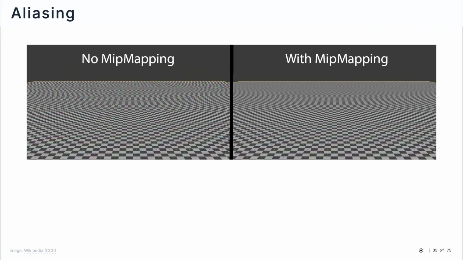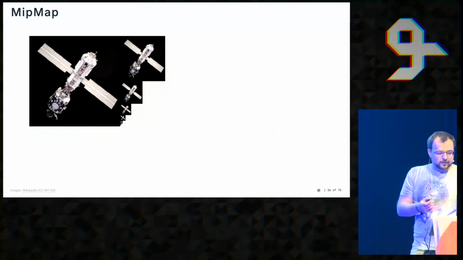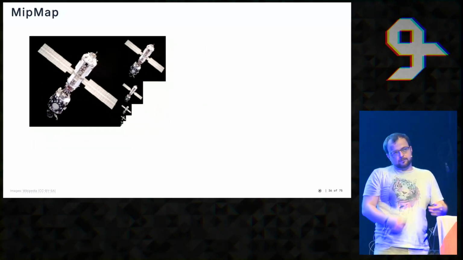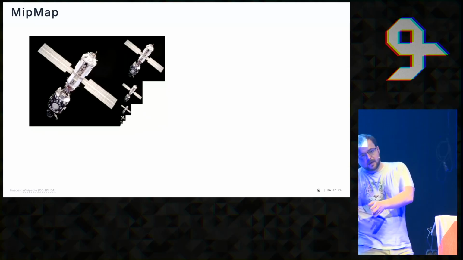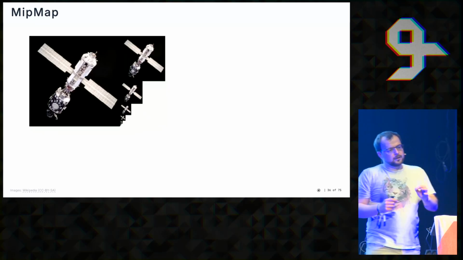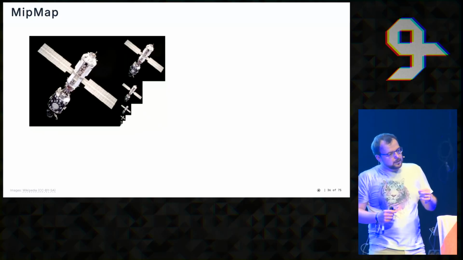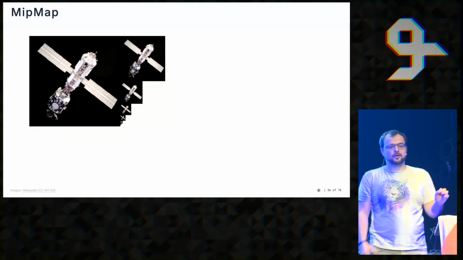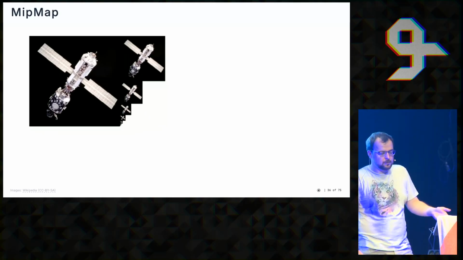But there's a solution to that called MIP mapping. The idea here is that for each texture, you usually at runtime take 50% extra space to store downsampled versions of that texture, downsampling it by half each time until you end up at just a single pixel.